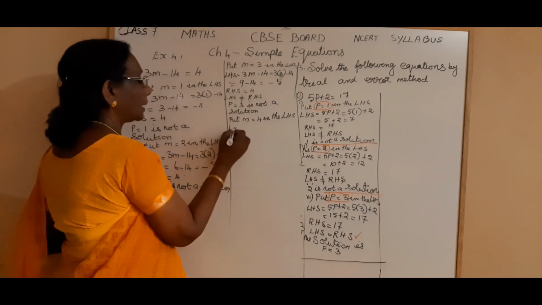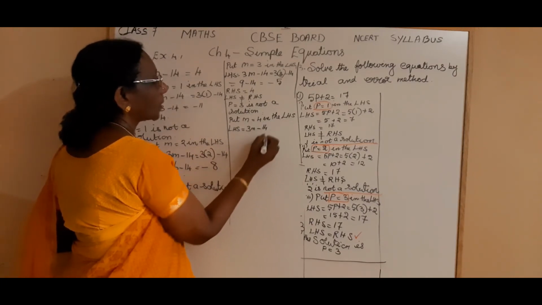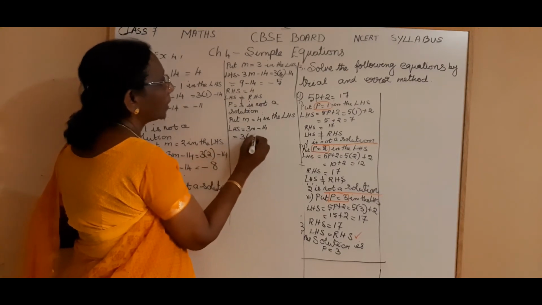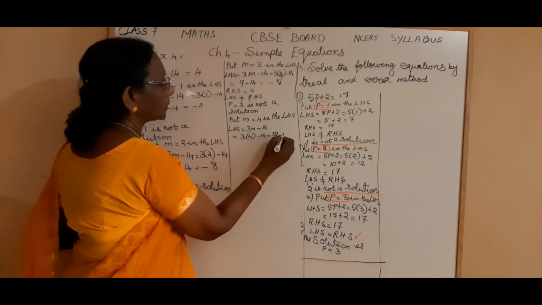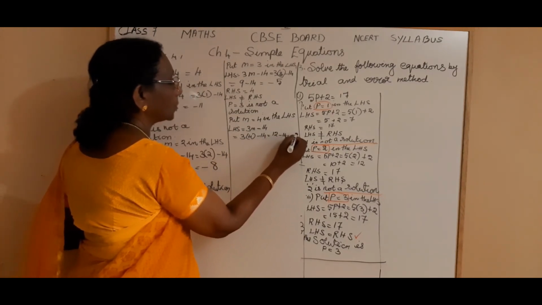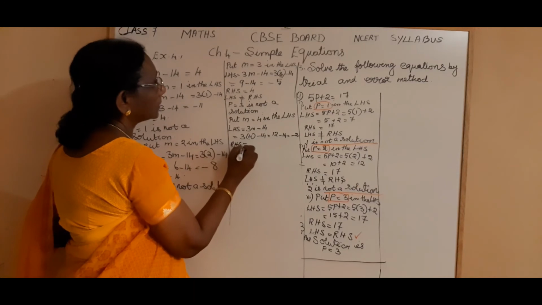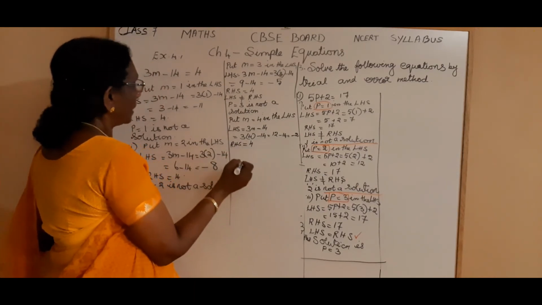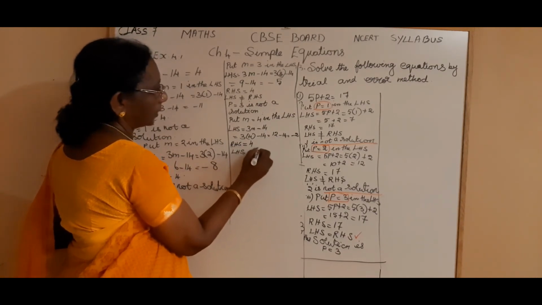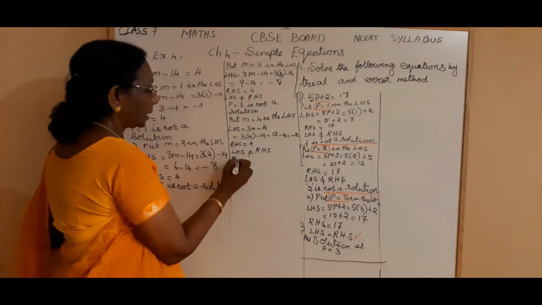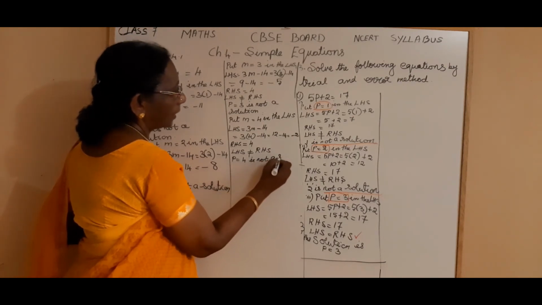So, what will happen to the LHS? 3m minus 14 is equal to 3 into 4 minus 14, that is 12 minus 14, which is equal to minus 2. 14 minus 12 is 2. RHS is equal to 4. Therefore, LHS is not equal to RHS. So m is equal to 4 is not a solution.